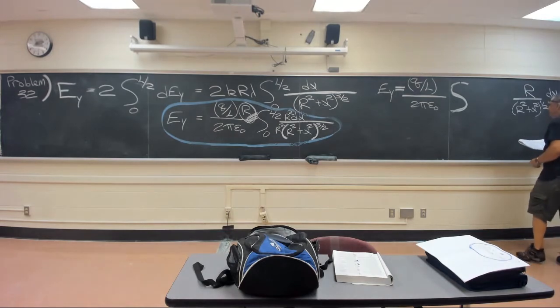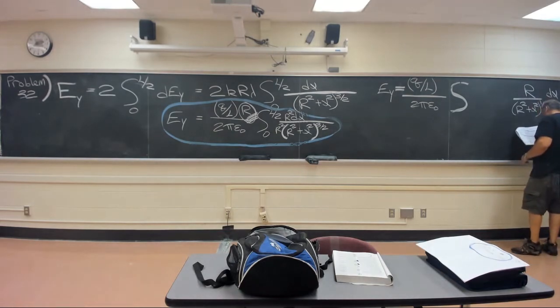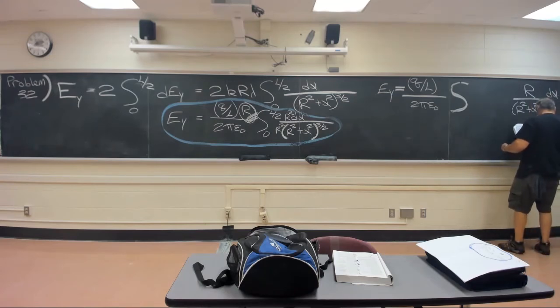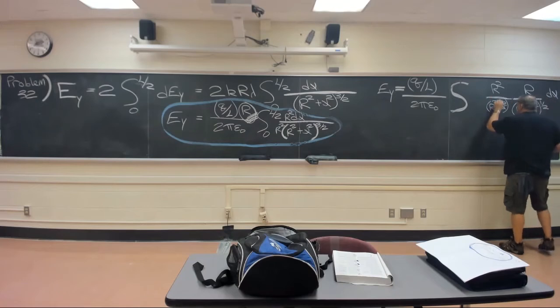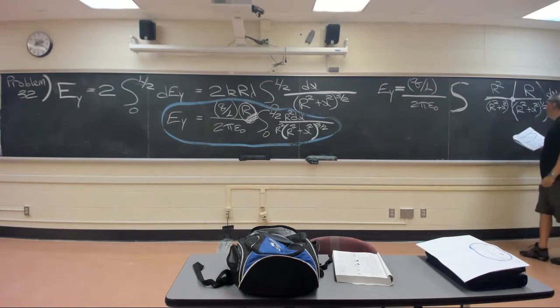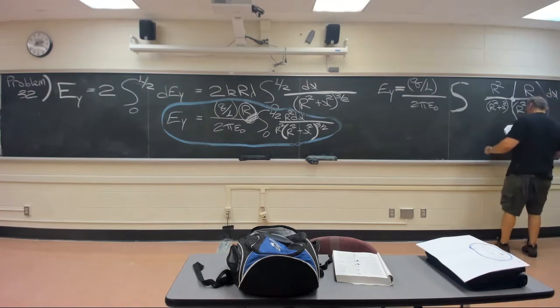The other one's 2/2. That's left over, so you end up getting R squared over R squared plus X squared to the 1/2 squared, which is the square of the hypotenuse. And that's multiplication here. And this is 1/R squared.